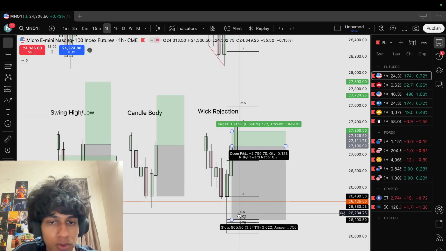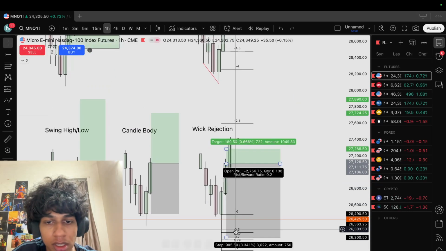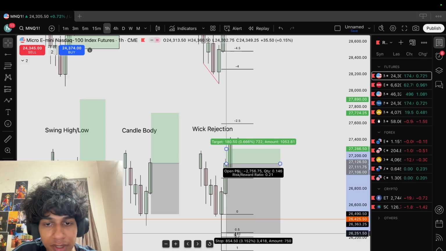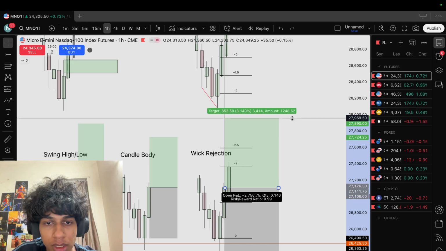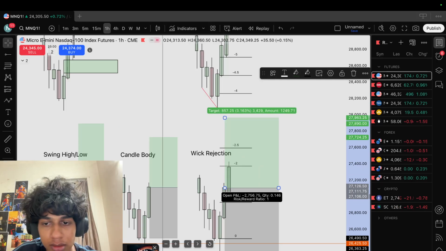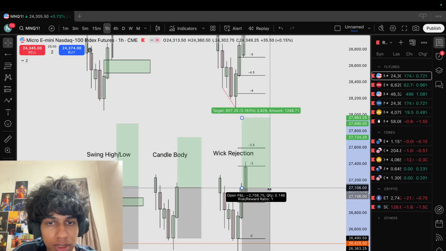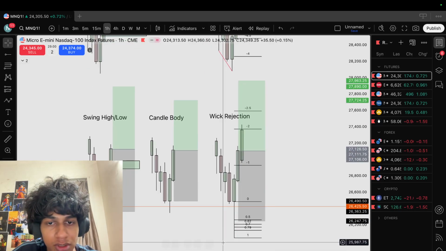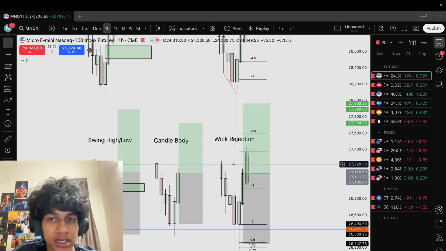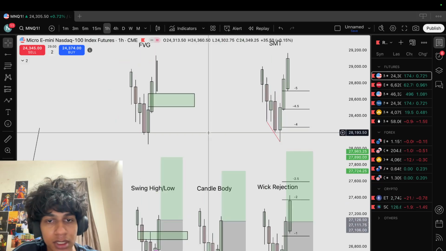So you can keep the stop below the 50% mark or a bit lower. For this video, we'll take 0.5, and then you can keep your TP at 1 to 1. This is one of the stop losses you can keep. Also, this increases win rate because it's a good rejection wick. So that's how you can keep it.